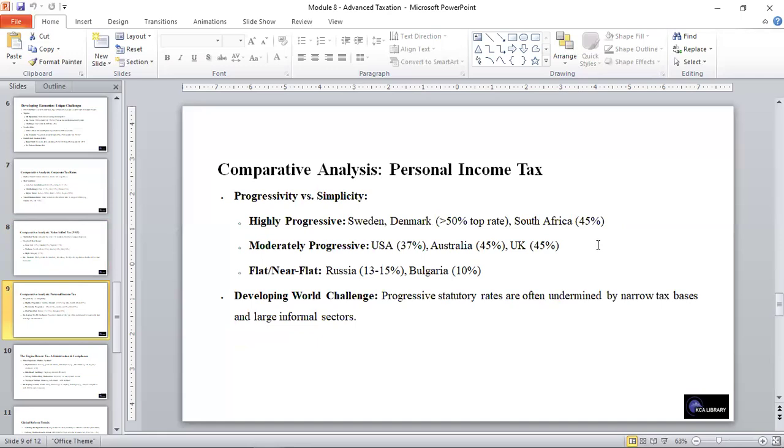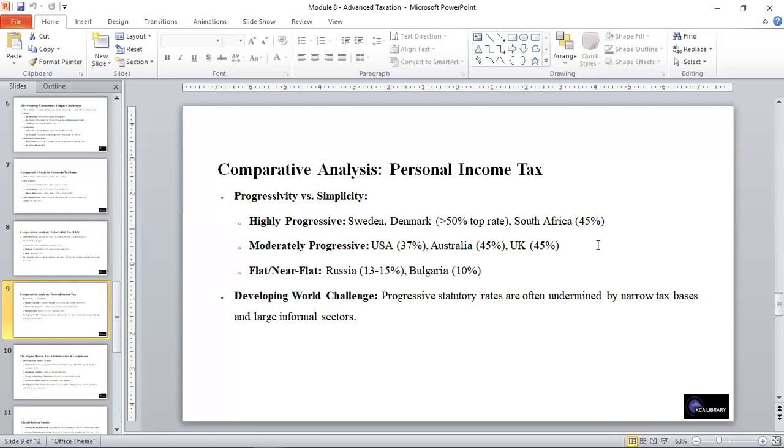We have the moderately progressive, like the USA, Australia, UK, and flat or near flat in Russia and Bulgaria. For the developing world, the challenge is that progressive statutory rates are often undermined by narrow tax bases and large informal sectors.